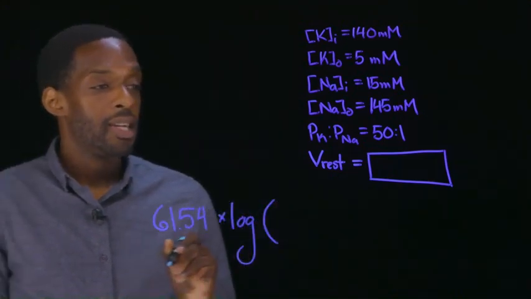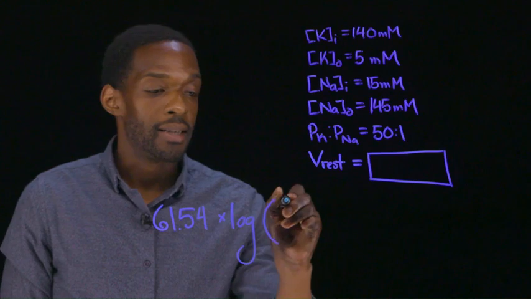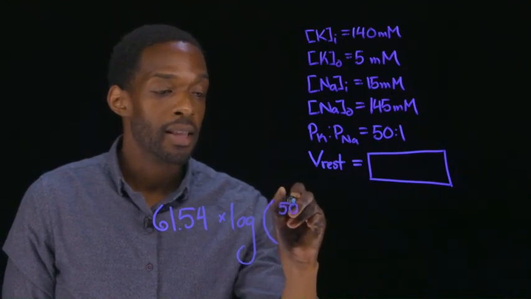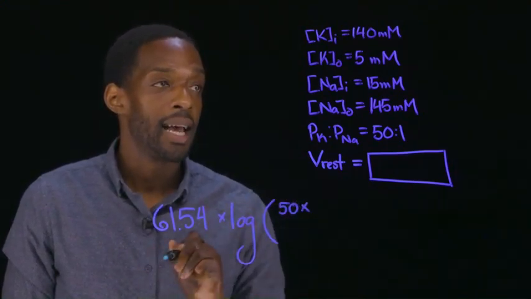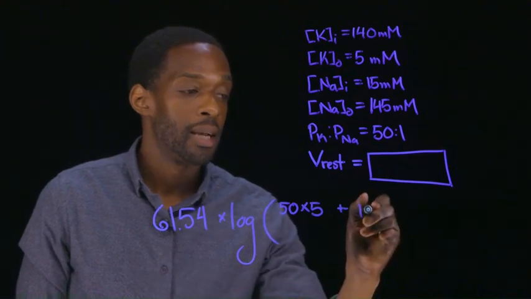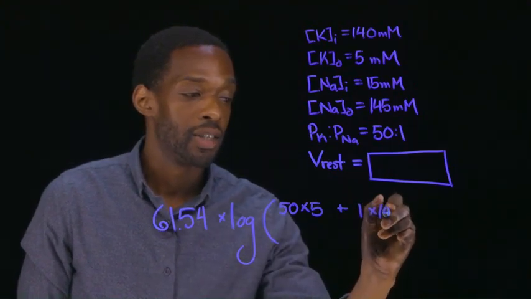For the values that we're going to be plugging in here, I'll start with potassium, and I'll take the relative permeability to potassium times its extracellular concentration, plus the relative permeability to sodium times its extracellular concentration.